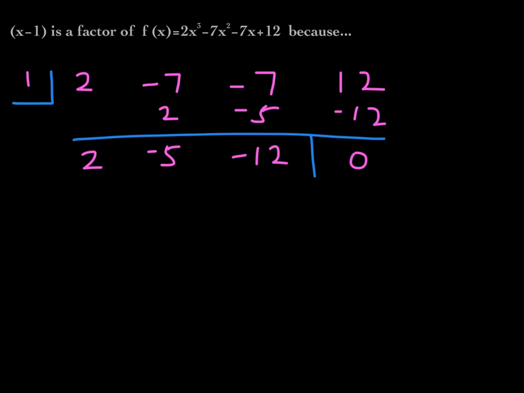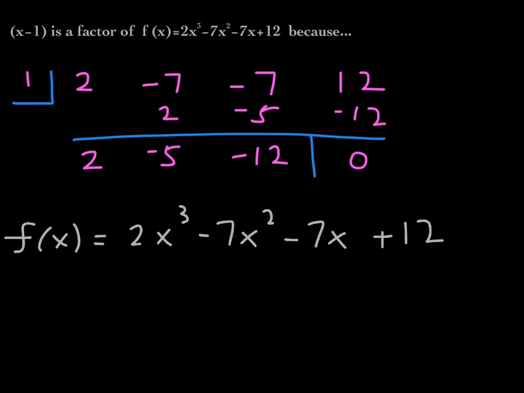So this is what we know for sure. f of x, which is equal to 2x cubed minus 7x squared minus 7x plus 12, is equal to, watch this, we know x minus 1 is a factor, times this quotient right here. So really, this was my divisor, and this is my quotient.